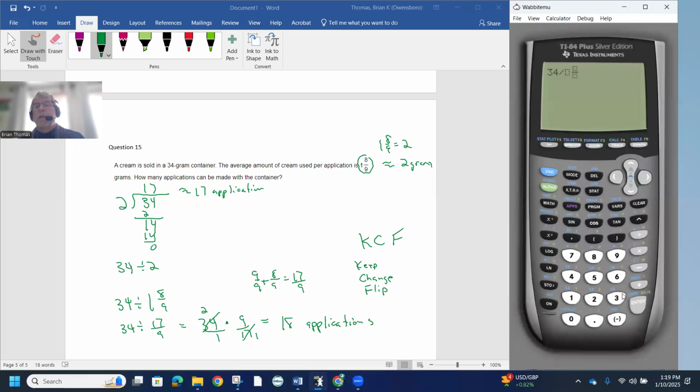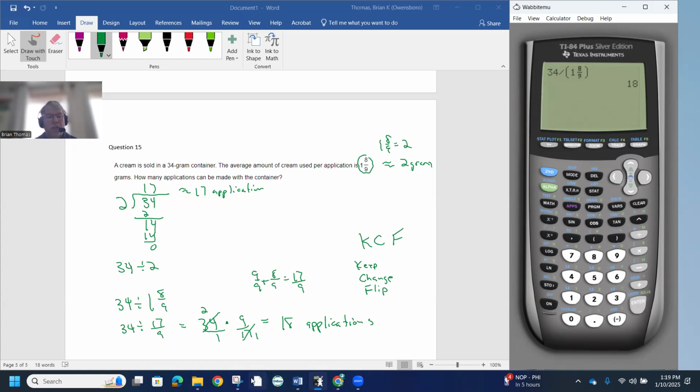Let's see if it'll type in this 1 and 8/9 here. 1, arrow, 8, arrow, 9 come out. Let's see if it actually does that math correctly. Notice how I did put the parentheses in for us. So 34 divided by 1 and 8/9 gives us this 18. So I can just type that into the calculator as is.